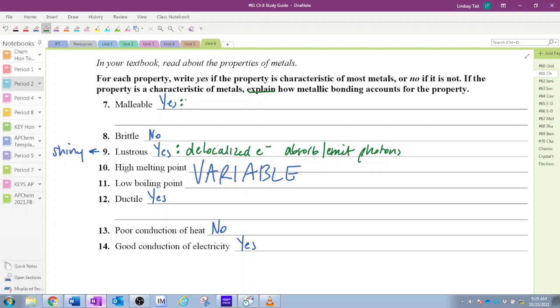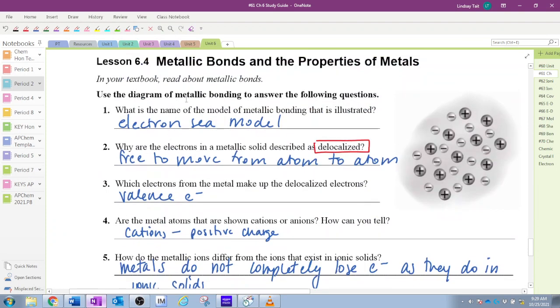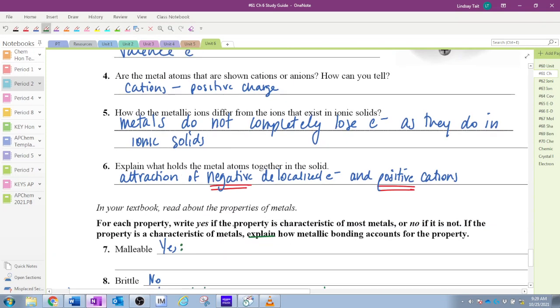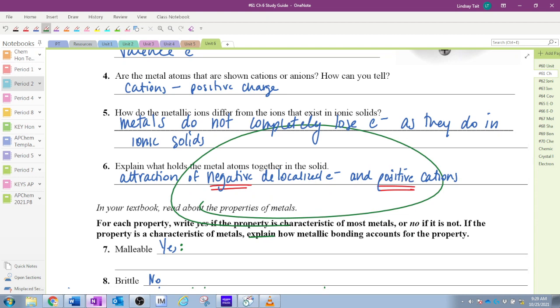Brittle, correct? When I hit a metal hard enough, I'm going to move around these cations because they are what's making up the lattice. But it's not the cations being near each other that's good or bad. What we need is the attraction between the positive cations and the negative delocalized electrons. And guess what? Those delocalized electrons can move wherever they need to.